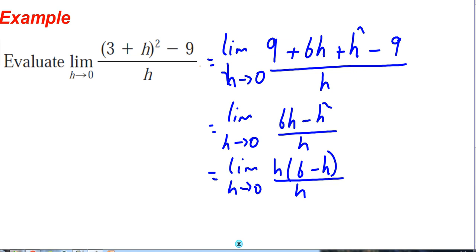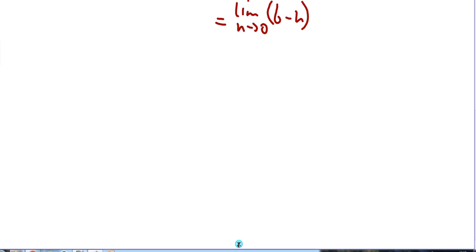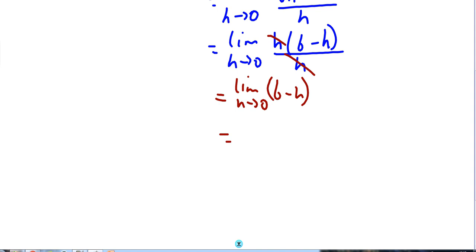And the h in the denominator can now cancel with that h in the numerator to give us the limit as h approaches 0 of 6 plus h. As h approaches 0, this will approach 6. So it's equal to 6.